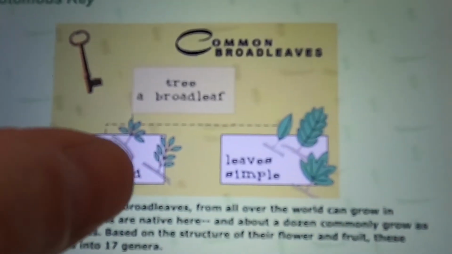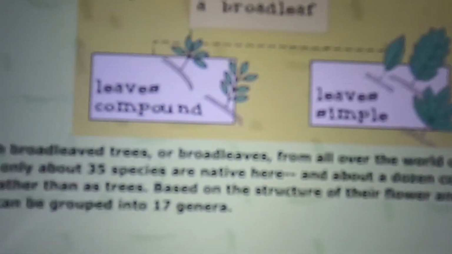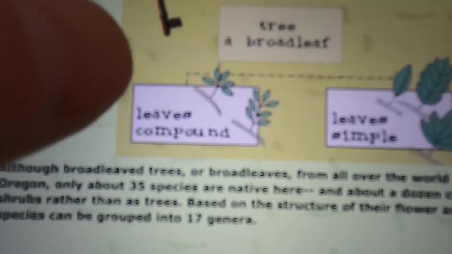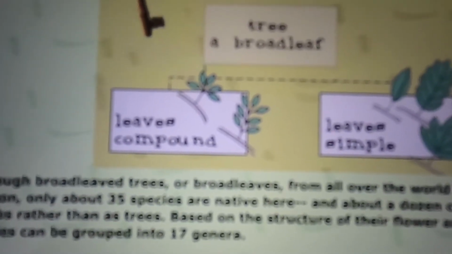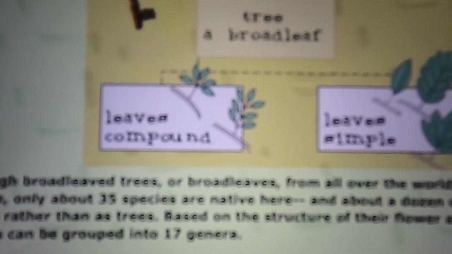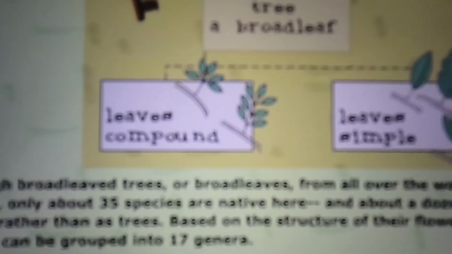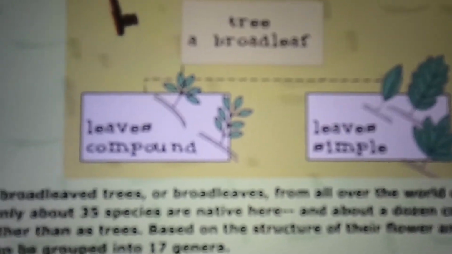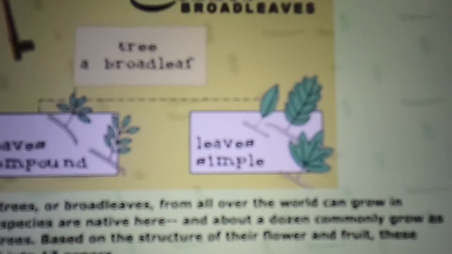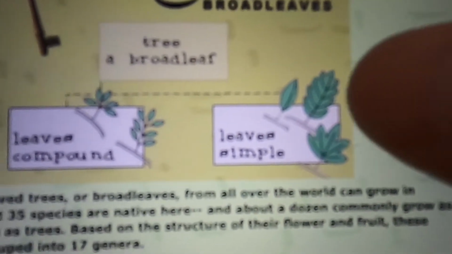So some leaves grow on a stem, and they have little leaflets that make up that entire leaf. I didn't have an example out here today, but Oregon ash is a good example. I didn't want to use a non-native like black walnut, but we're going to be looking at leaves that are simple. So one leaf per stem, no leaflets.